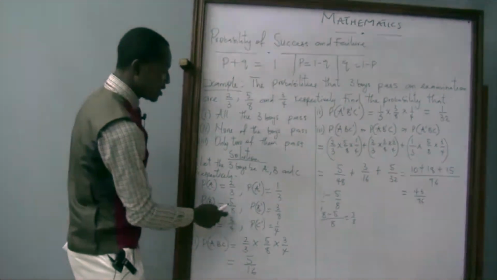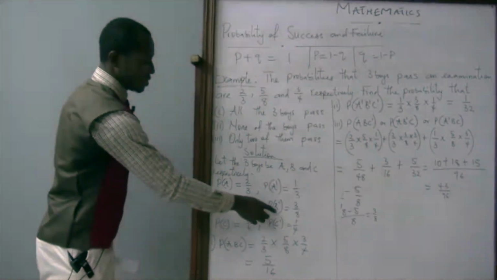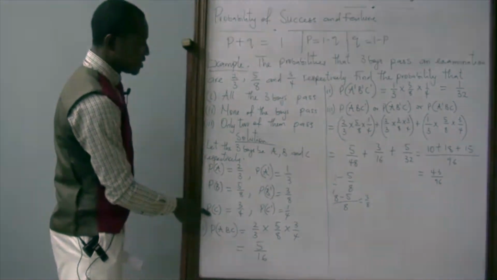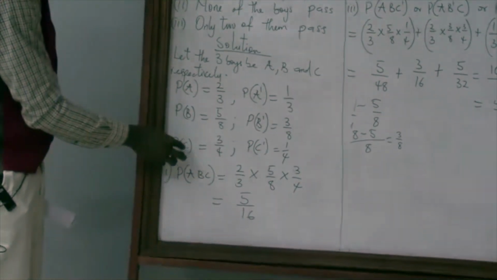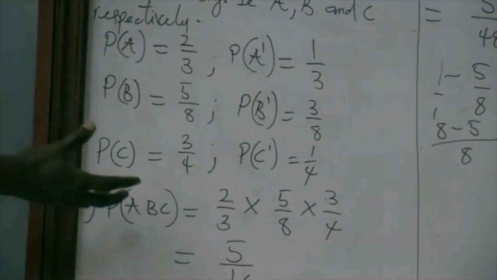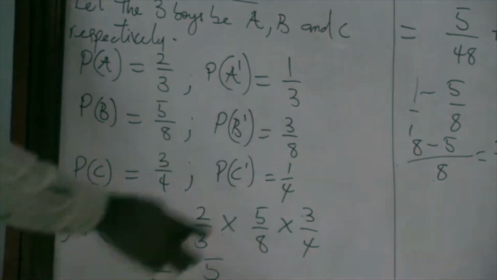So for me to get the probability that B did not pass, it's going to be 3 over 8 when I subtract it from 1. Probability that C passed is 3 over 4. Probability that C did not pass will now be 1 minus 3 over 4, which will give us 1 over 4.